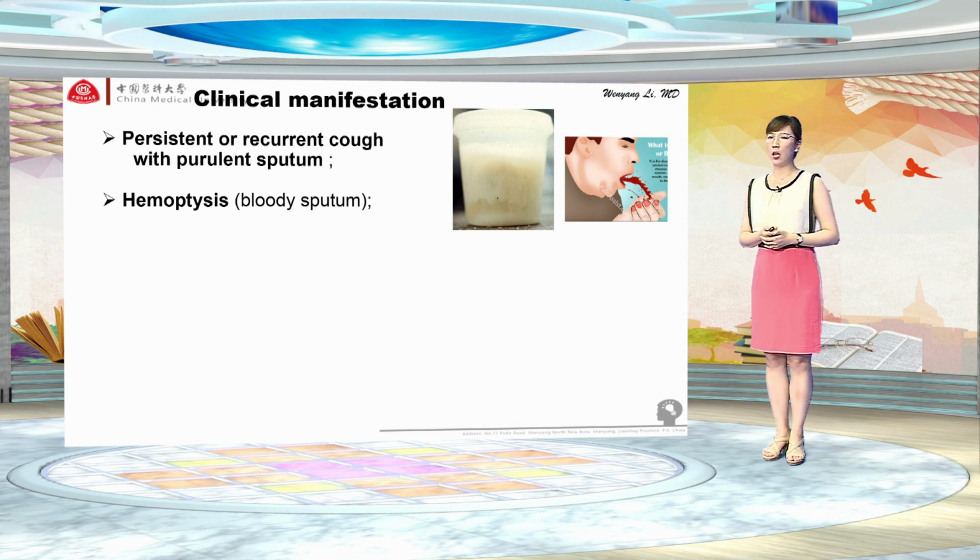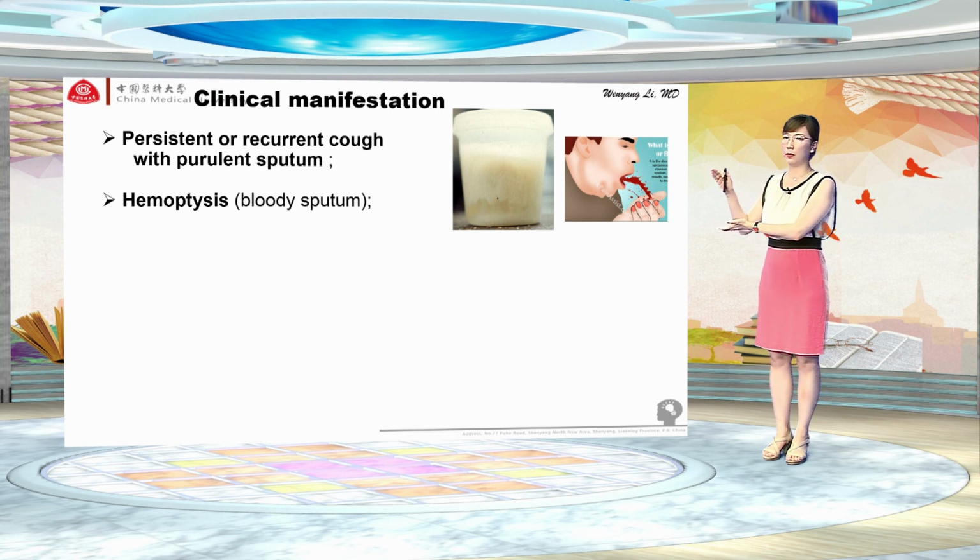If we put a large amount of purulent sputum aside for a while, it can be divided into 3 layers. The upper layer is the foam mucus, the middle layer is serous fluid, and the lowest layer is pus and necrotic tissue.